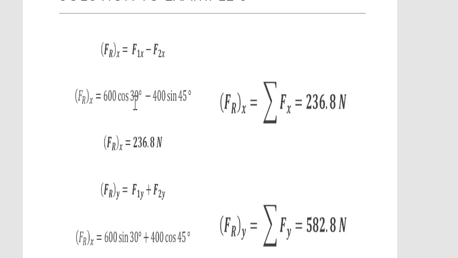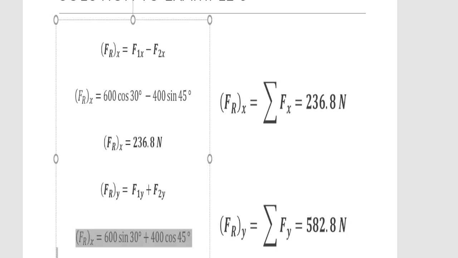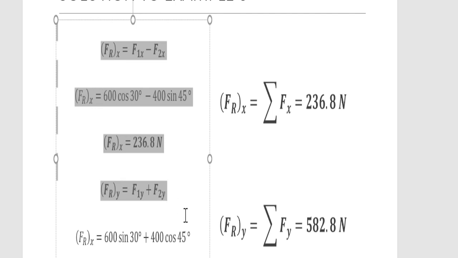By using the formula you will get these values. FRx would be equal to the sum of Fx, which will be 236.8 Newtons. FRy, the sum of all the components along the y-axis, should be equal to 582.8 Newtons. This is where we get the answers.